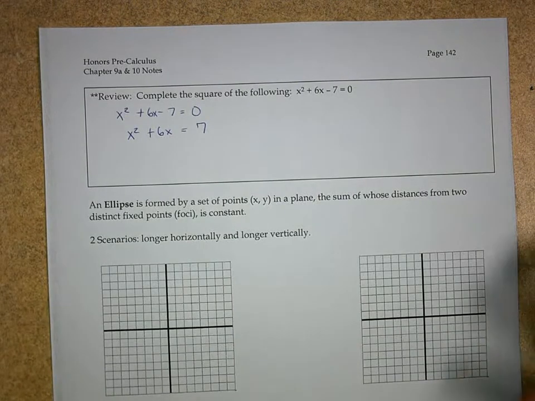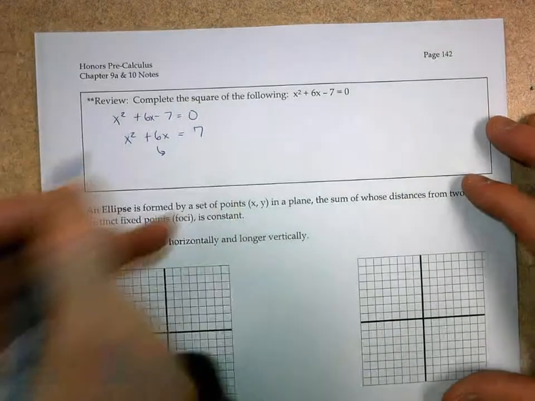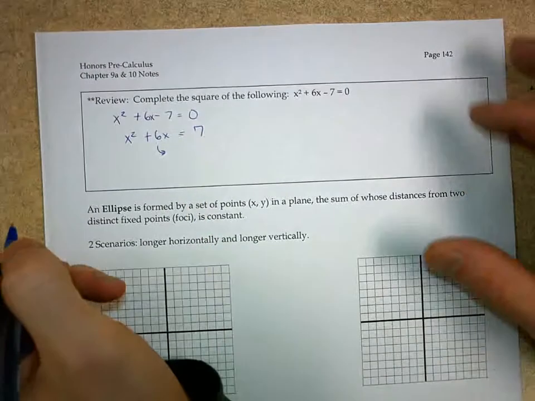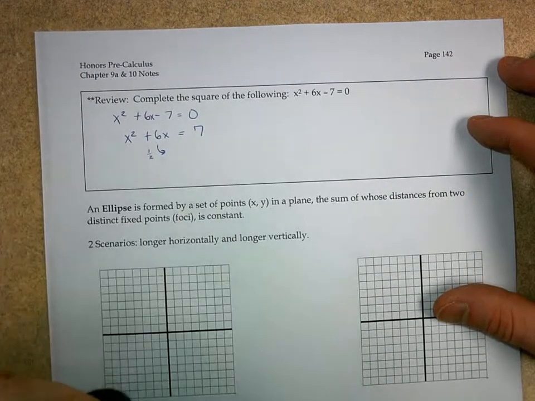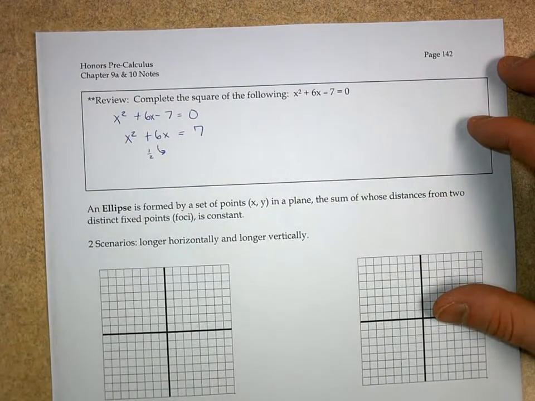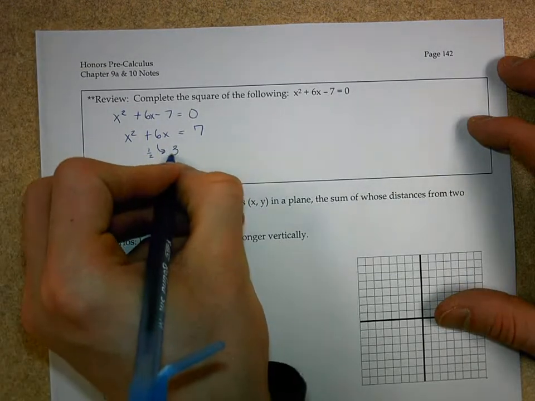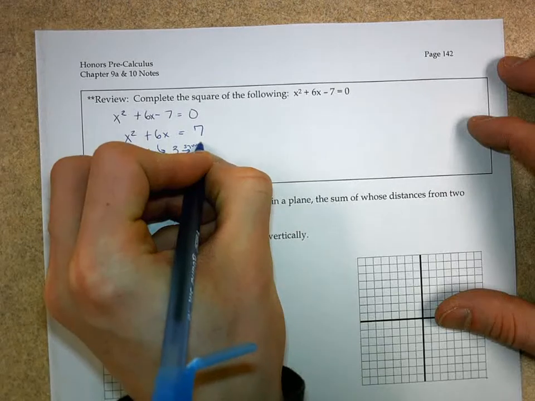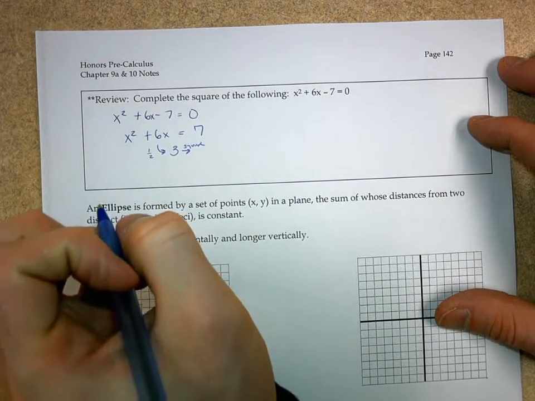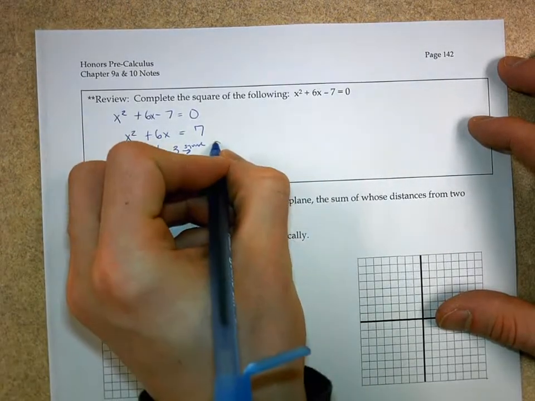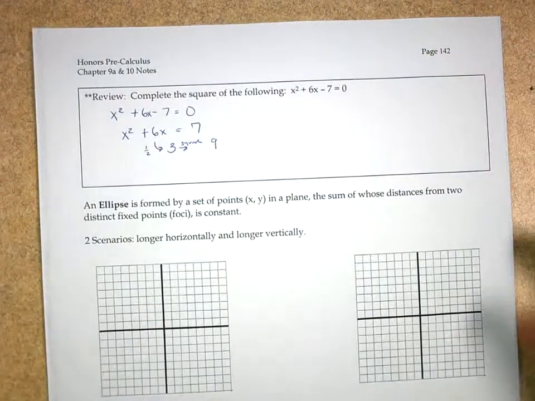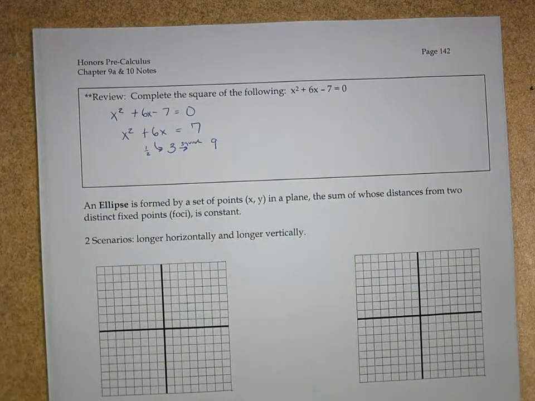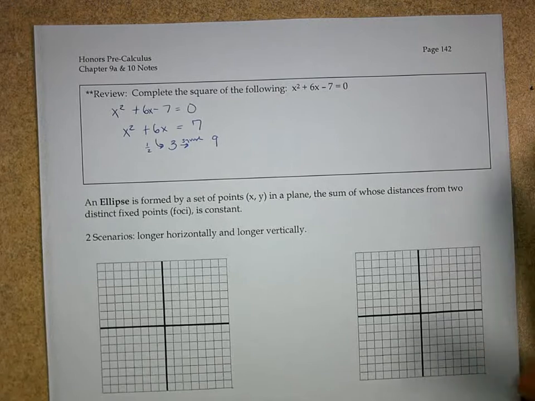Then what I do is I take the middle term of these three terms, and I take half of it, the constant piece, which is 3, and then you square it. So you take half of that x term, the constant, and then square it. So in this case, we're going to get 9. Half of 6 is 3, 3 squared is 9.